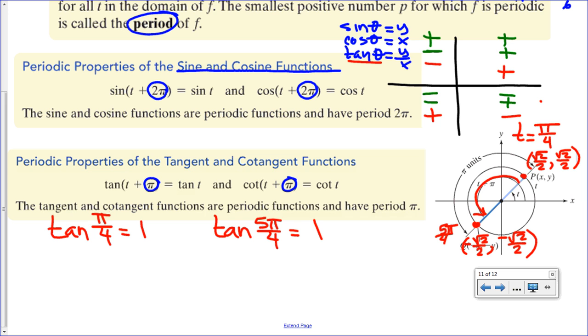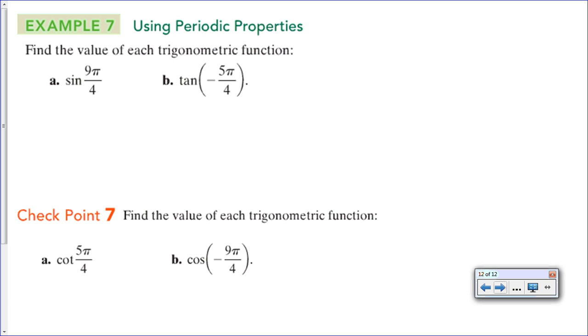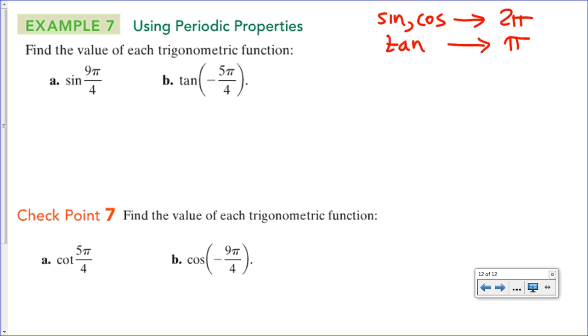Okay? All right. Now let's do the exercise. So let's keep this in mind. For sine and cosine, the period is 2 pi. For tangent, the period will be pi. Now, what is the reciprocal of sine?